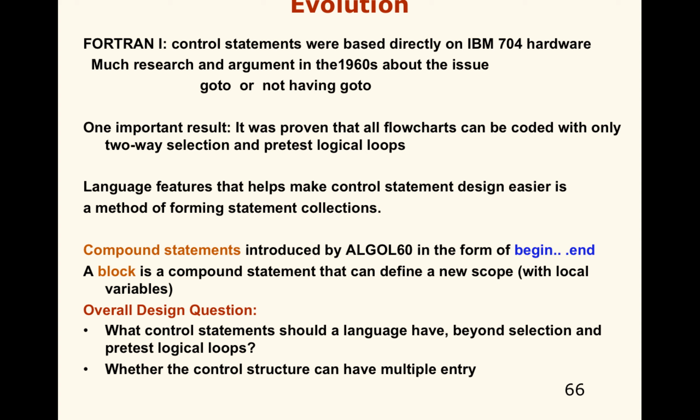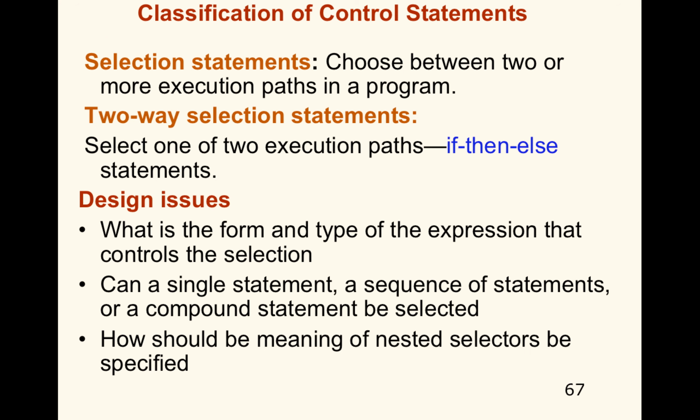So let's take a look at the selection and the pretest logical loops. Here are some classical classifications of control statements. A selection statement, you choose between two or more execution paths in a program. That's the if, else, then. The if, then, else is a two-way selection statement.